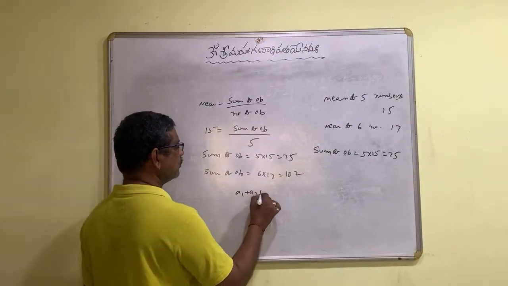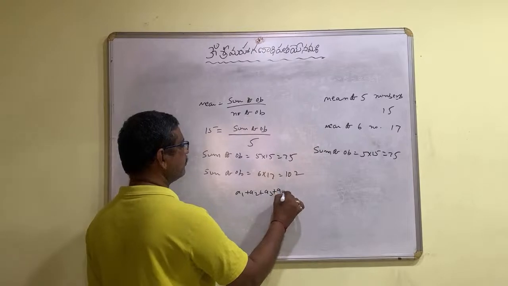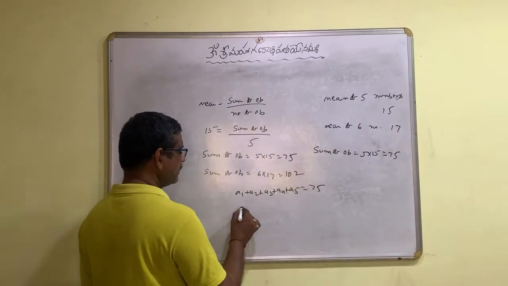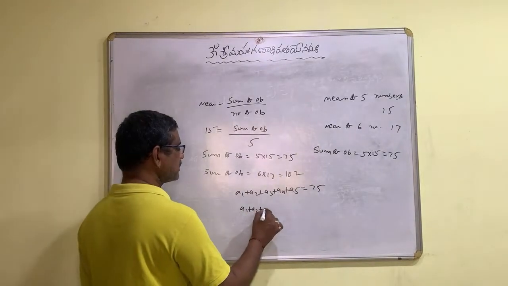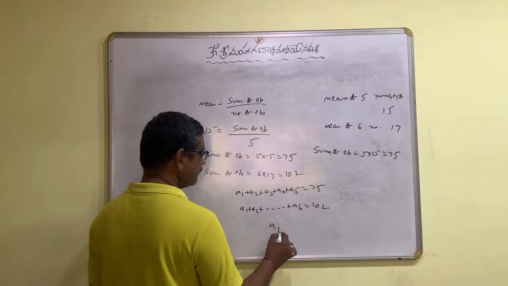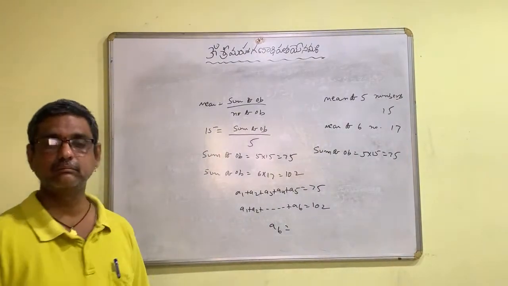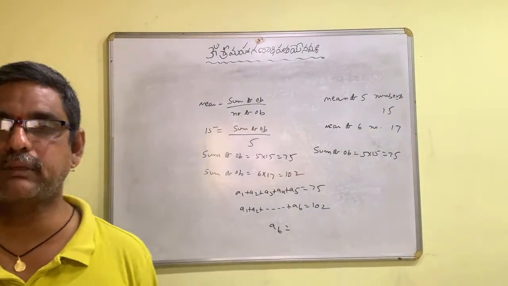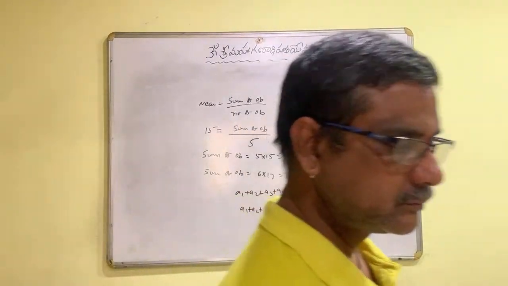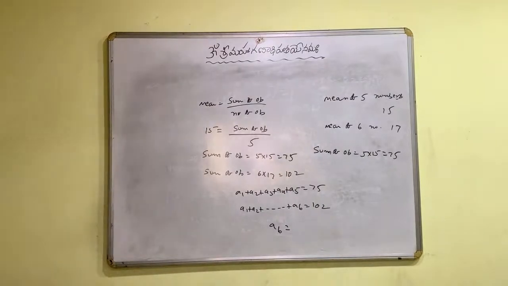A1 plus A2 plus A3 plus A4 plus A5 is 75. A1 plus A2 plus so on plus A6 is 102. Can we find out A6, the sixth observation? Can we find out, children?